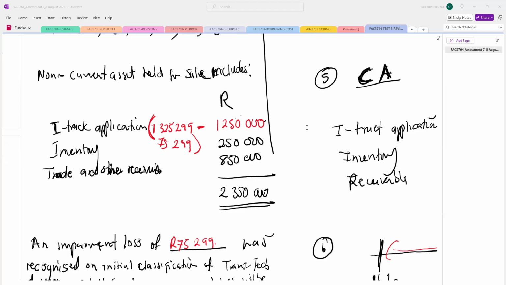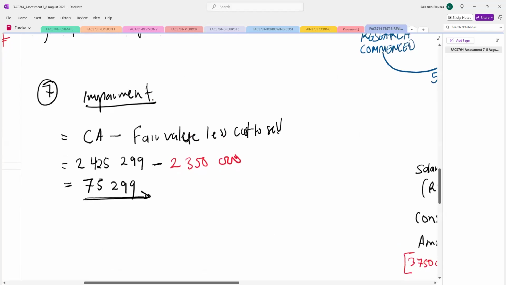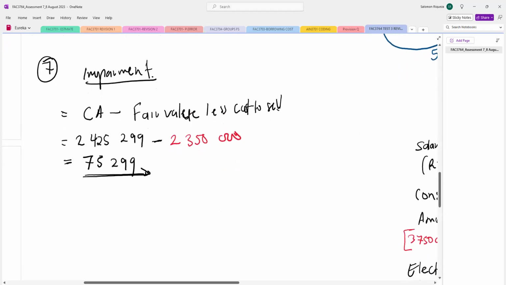Naomi, yes. Can we please go back to the impairment calculation? Okay. Clive, yes, you can ask your question. Oh, were you still asking?